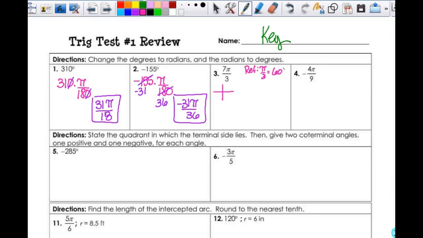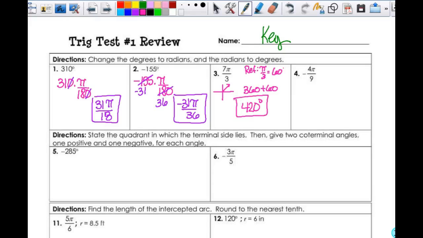That should be a pretty easy thing for you to reason through. So if I go 7 pi thirds, 3 pi thirds is pi, 6 pi thirds is a full circle, so I go one more, and there's where my 7 pi thirds would be. So in thinking in terms of degrees, that's going to give me 360 plus another 60. So 360 plus 60 gets me 420 degrees.